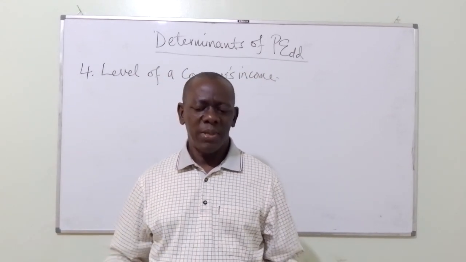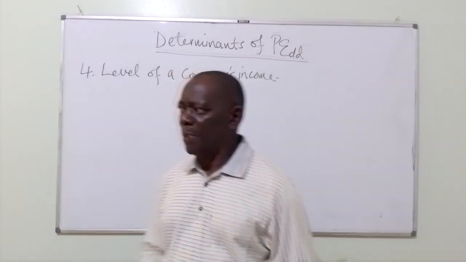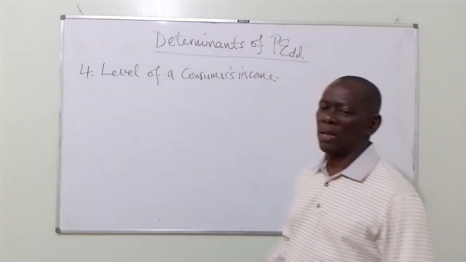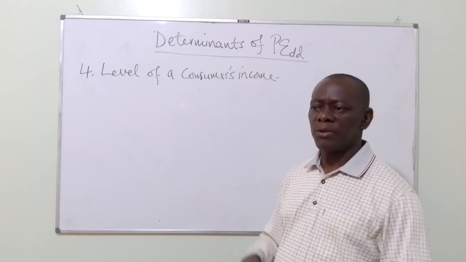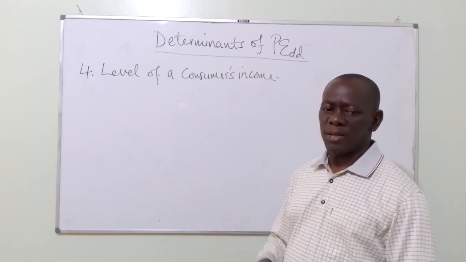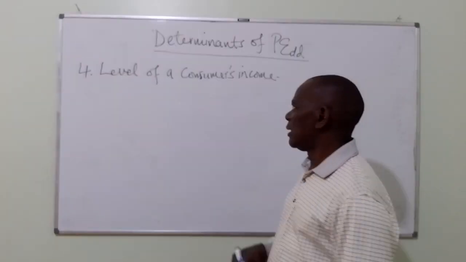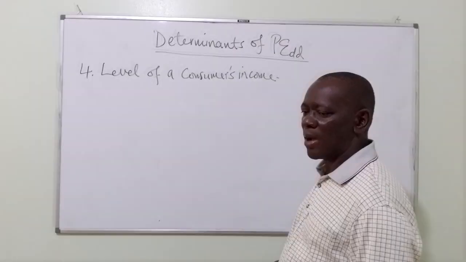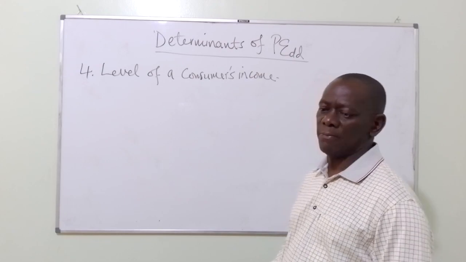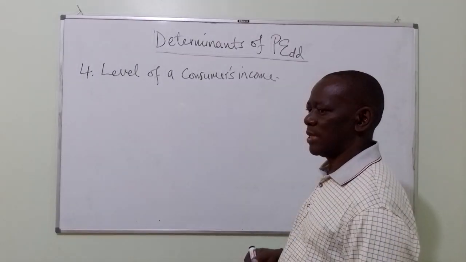Do you have a lot of money? Do you have less money? So people who normally have a high income, we are not going to call them rich people, but those who have higher income and those who have low incomes. Those who have higher incomes, they tend to have inelastic demand for the commodities that they are buying.